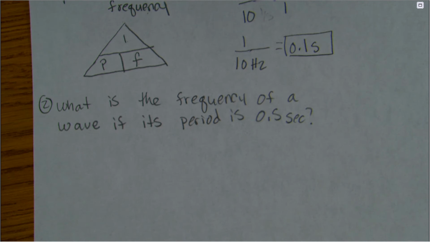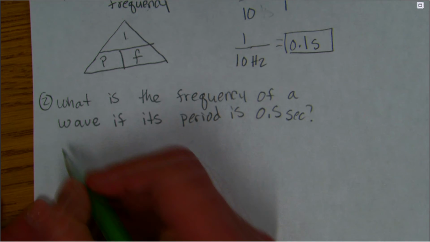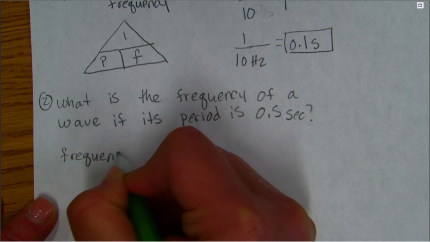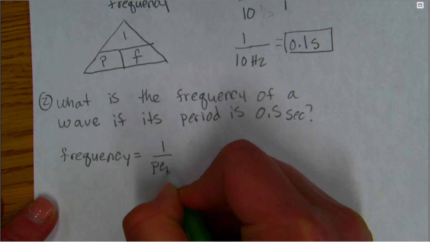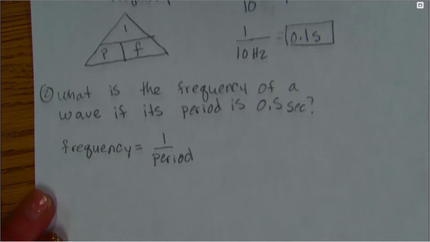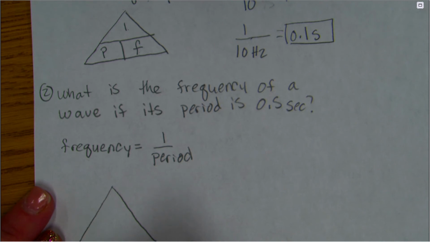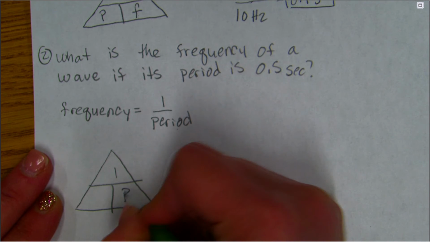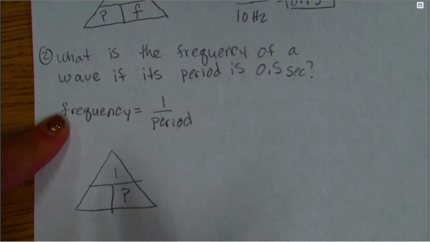What is the frequency of a wave if its period is 0.5 seconds? So frequency is 1 divided by the period. So when we set up our triangle, 1 is being divided by the period, leaving our leftover space for frequency.